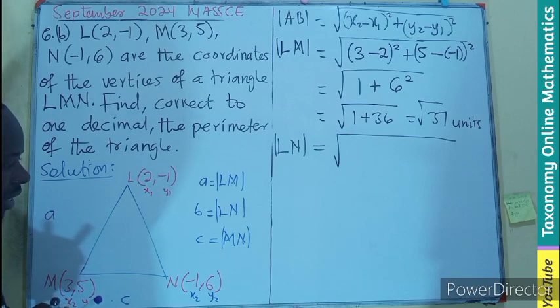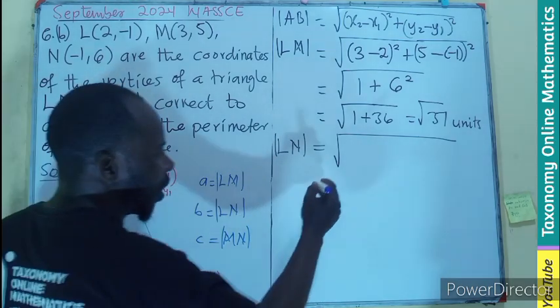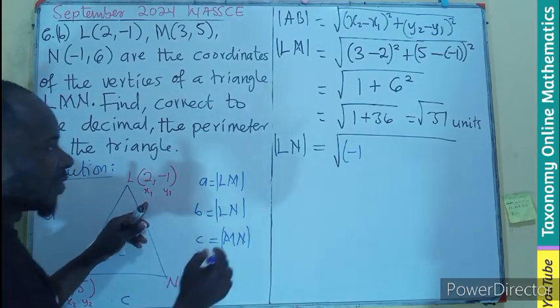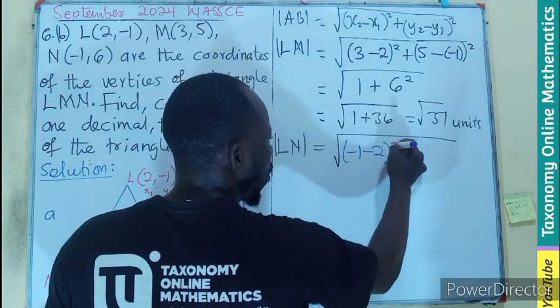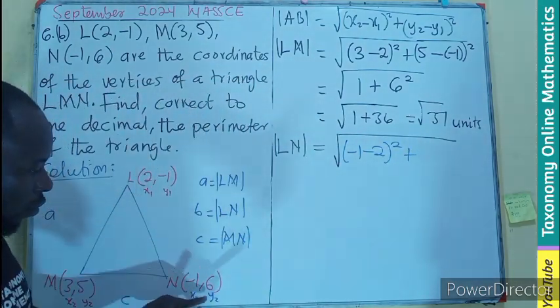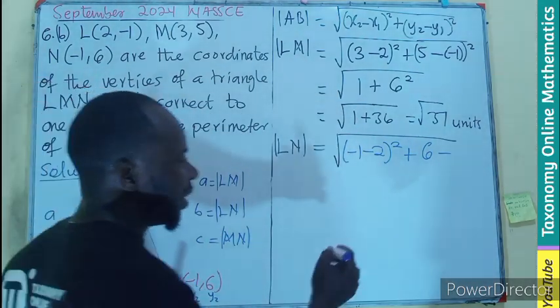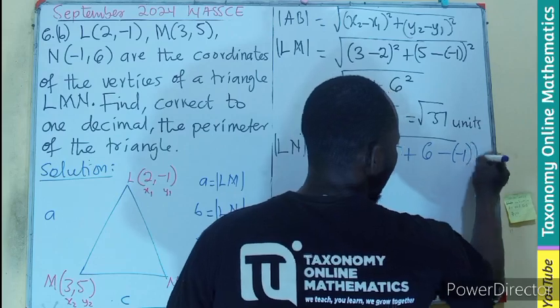The x2 is going to be minus 1, so minus 1 minus negative 2, all squared. Y2 will be 6 minus y1, which is negative 1 as well.